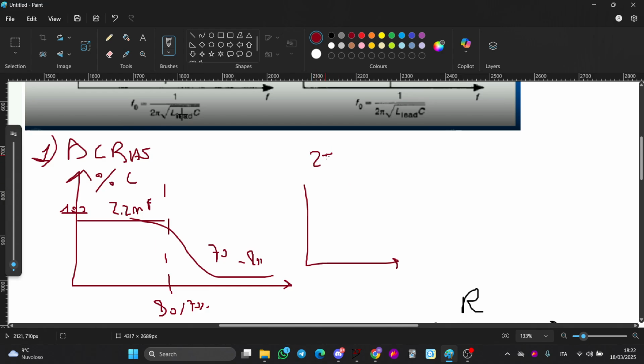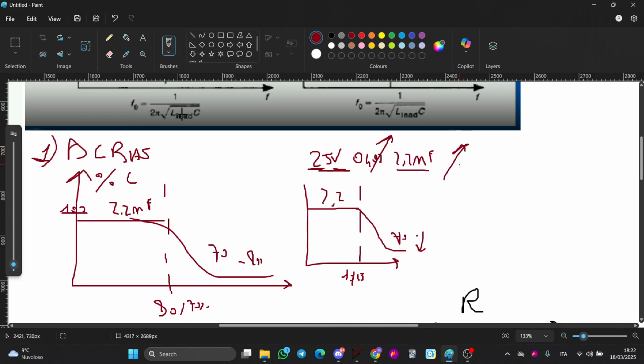You have 25 volts, 0402, 2.2 nanofarad. It will stay at this value until you have, I don't know, 10 volts, 15 volts. But if you fully charge this capacitor, it will go down even by 70% or 80%. So 2.2 is less than half here. So you also have to take care of this by choosing a higher case size or a better technology like C0G.